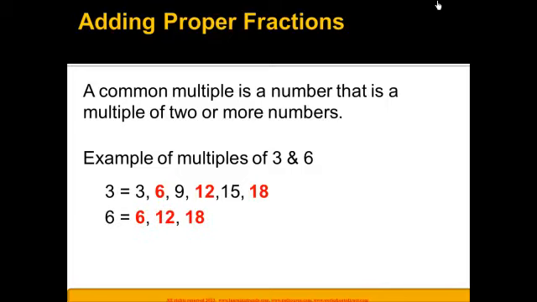And let's find the first 3 multiples of 6, which are 6, 12, and 18. Now notice that the common multiples of 3 and 6 are in red. In other words, 6, 12, and 18 are common multiples for both the number 3 and the number 6. The least common multiple, that is the smallest common multiple, is 6, and therefore the LCM, or the least common multiple, is 6. It is the smallest multiple that is the same for both numbers.